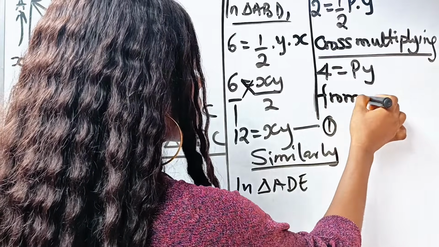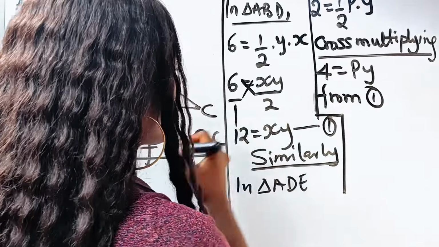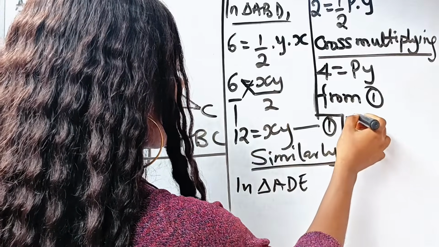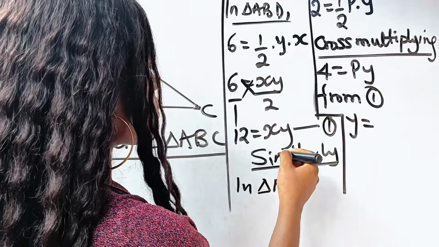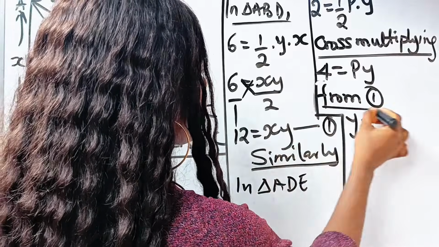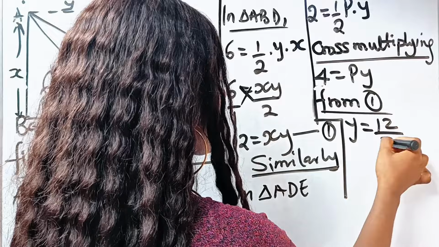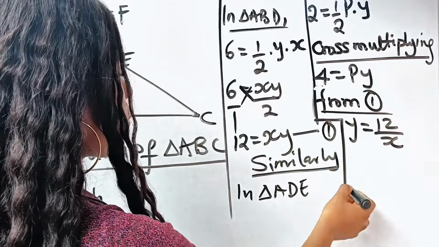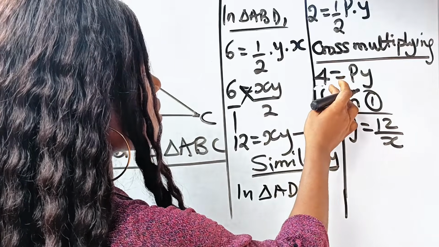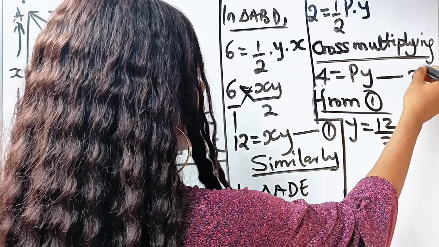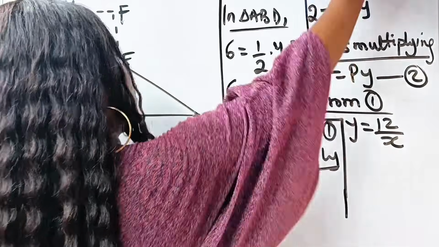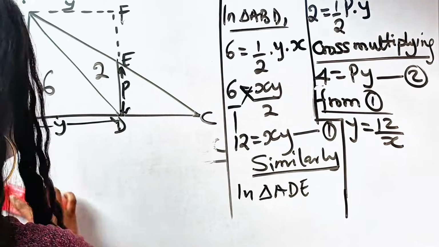From 1, Y will be equal to 12 divided by X. Let's substitute that into equation 2.